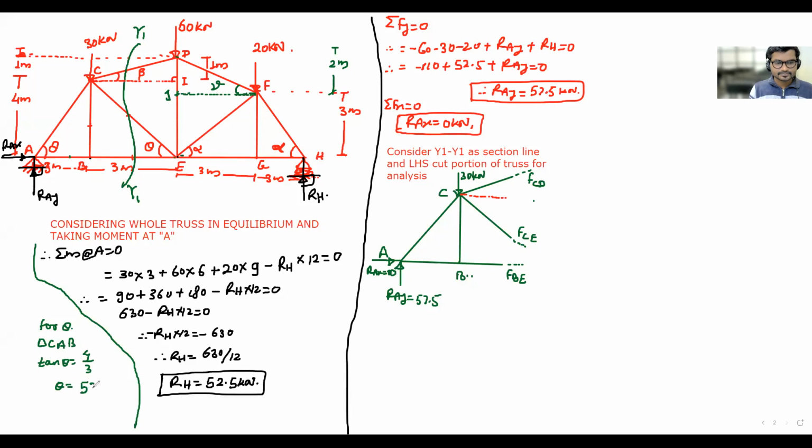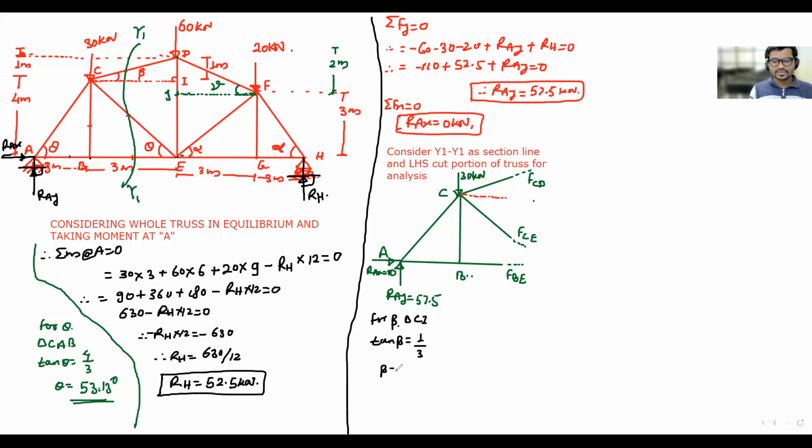This is the theta. Then what else remains? Beta remains. Okay, so for beta we will require to consider triangle CDI, and in CDI tan of the beta is equal to opposite side DI, that is 1 meter, divided by adjacent side CI, that is 3 meter, so 1 by 3.